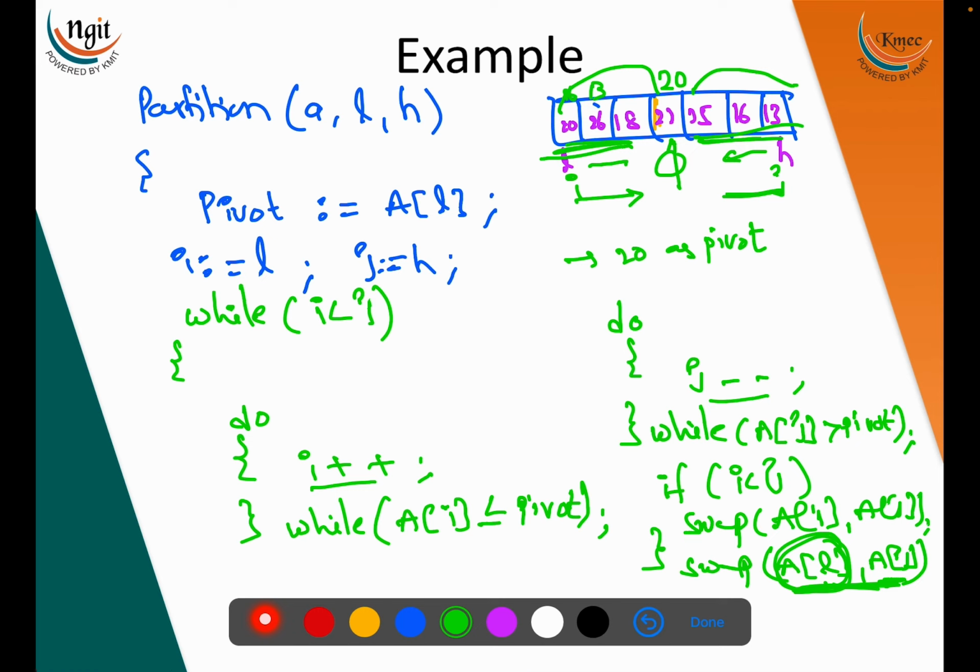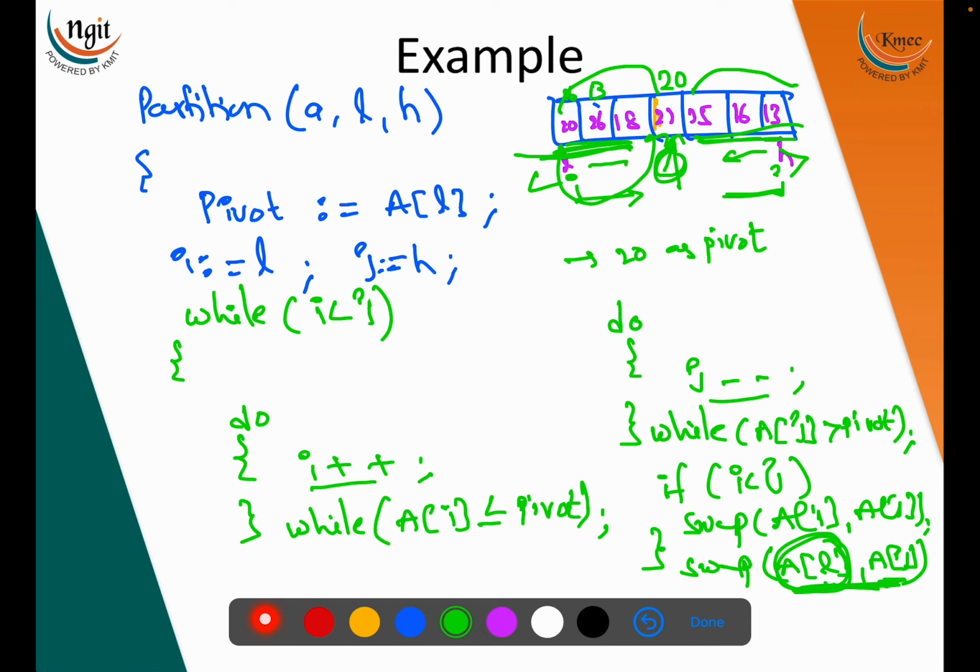But the truth is that the moment you find J, that is the place of exchange of your pivot with A of J. So when you find this pivot place, your list will be in a shape where left of pivot will be less than, right of pivot will be greater than. So this is how the partition algorithm works on one list, an array.